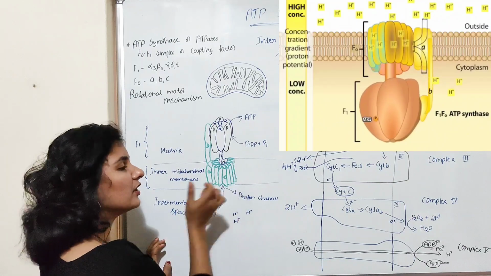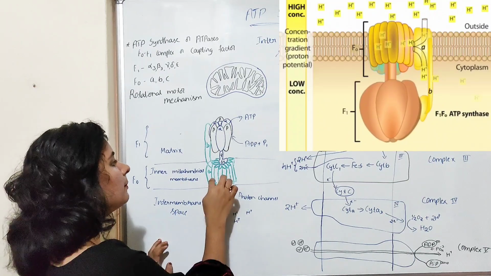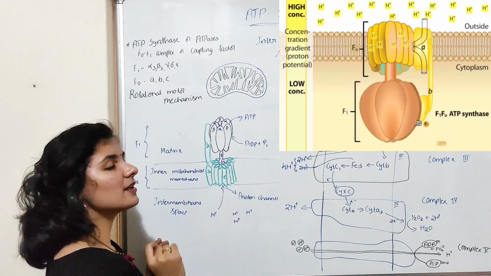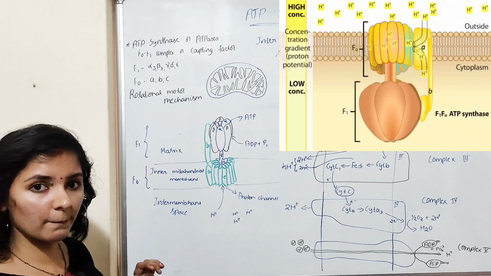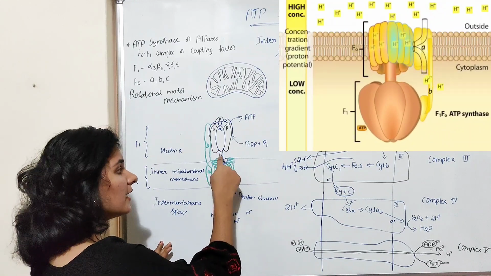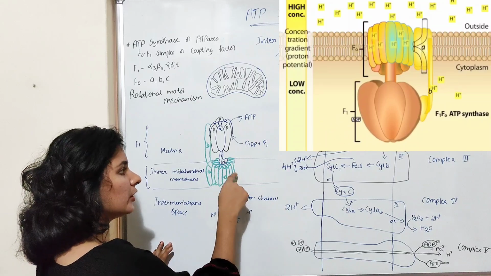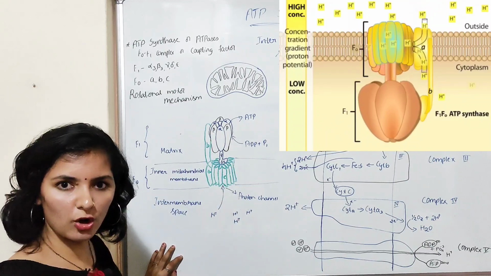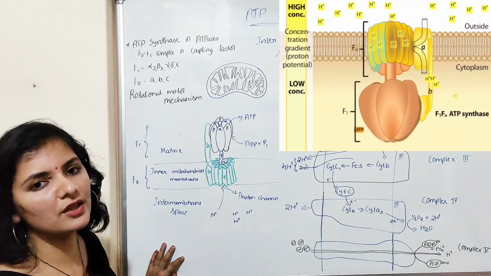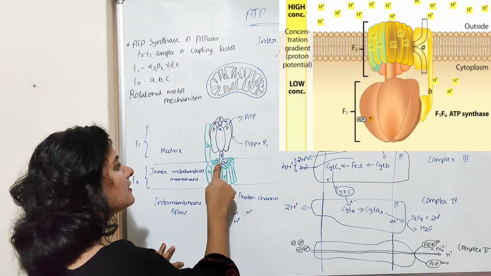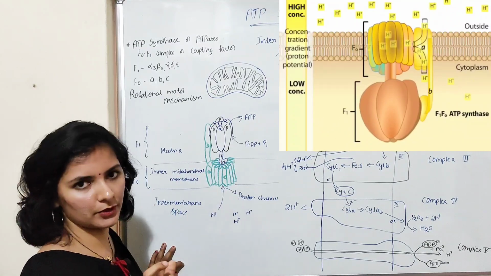When the C ring of the F0 complex rotates, it brings about the rotation of the gamma subunit of the F1 complex, because the gamma subunit is attached to the C subunit or C ring of the F0 complex.